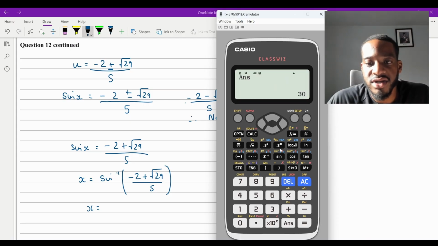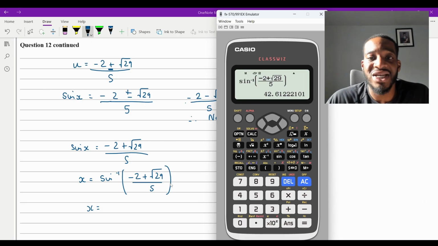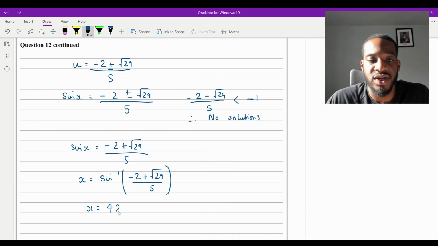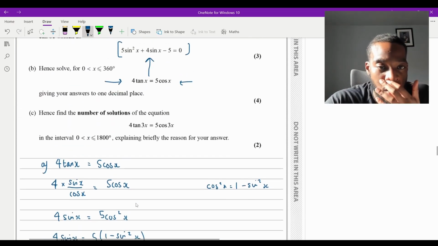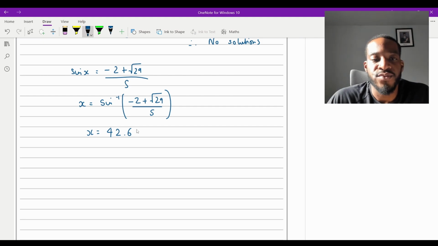I'm going to do sine inverse of (-2 plus √29) over 5, and that gives me 42.6, doesn't it? 42.61, blah, blah, blah. But it did say to one decimal place, so 42.6 is one solution.